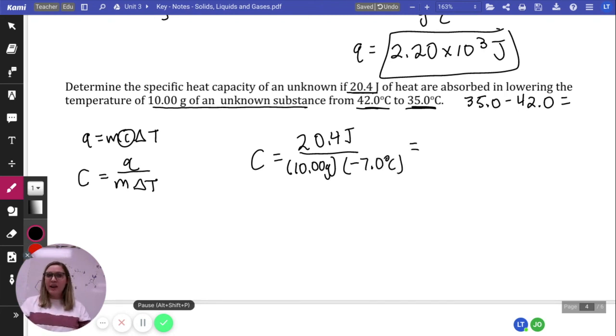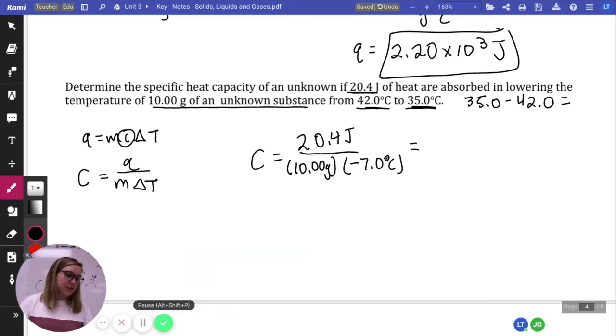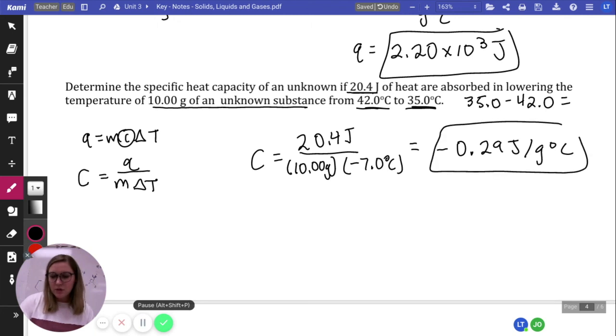So we've got a negative there. So then we're going to go ahead and plug that in. Okay, and when I do that, I got negative 0.29 joules per gram degree Celsius. It should be 2 sig figs because our temperature only has 2 sig figs after we do our subtraction there.